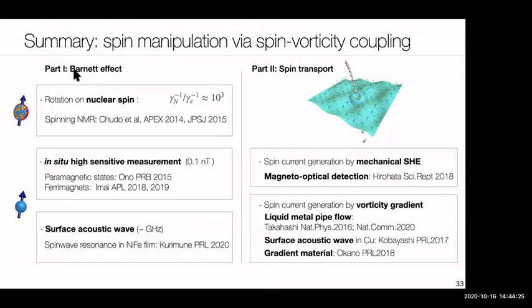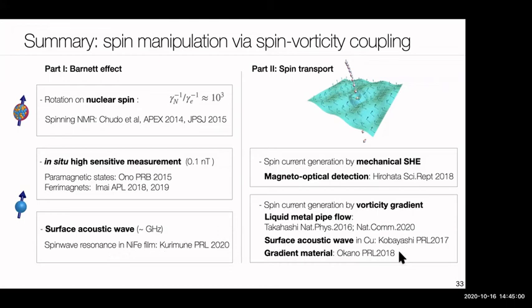The one is the Barnett effect, driven by the nucleus spin-vortex coupling, and such spin-vorticity rotation coupling is directly observed by using spinning NMR and also the in situ highly sensitive measurement technique. We demonstrated very interesting behavior of the ferrimagnets, and also the surface acoustic wave driven by a new kind of gyromagnetic ratio.